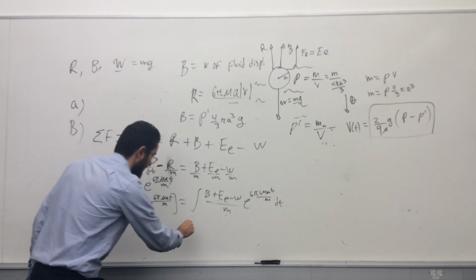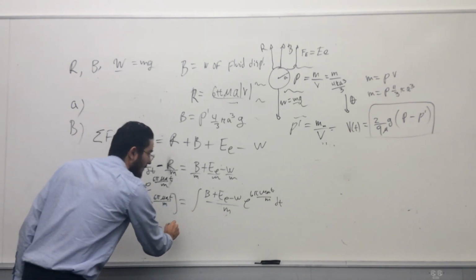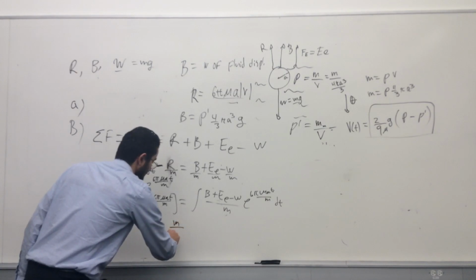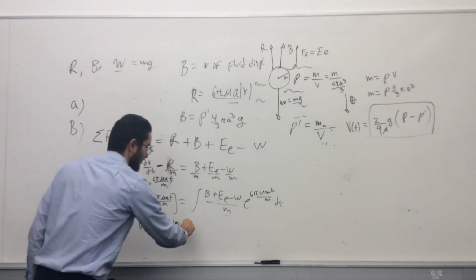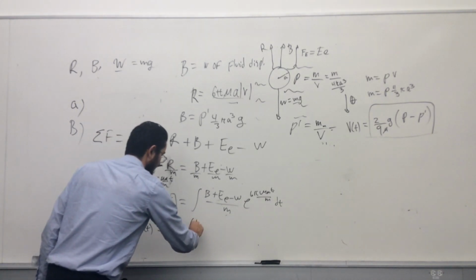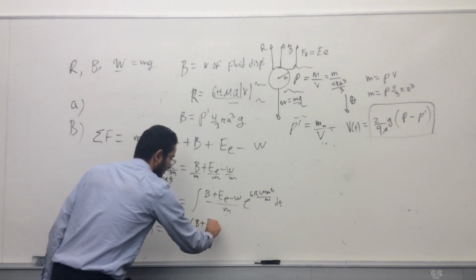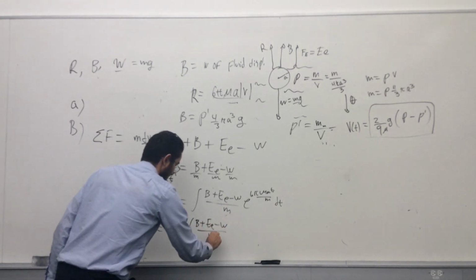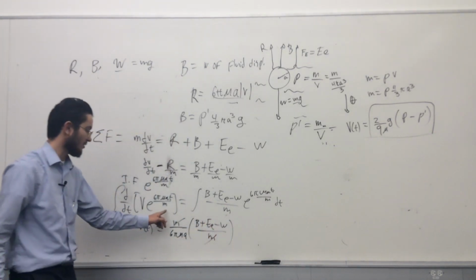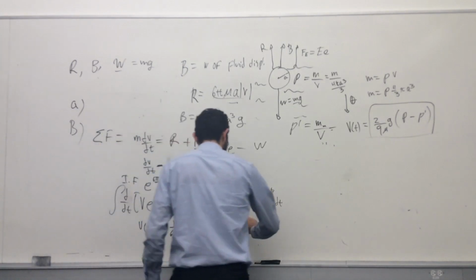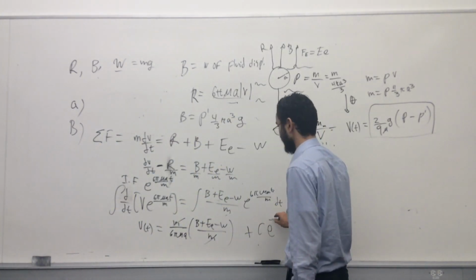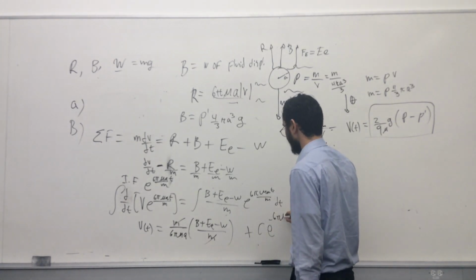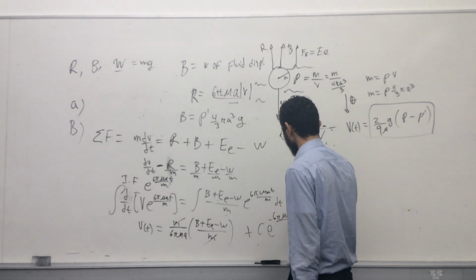It's going to be nothing but this entire expression multiplied by m over 6 pi mu a, and then multiplied by b plus E minus the weight divided by the mass cancels, and then plus some constant of integration c multiplied by e to the negative 6 pi mu a t divided by m.